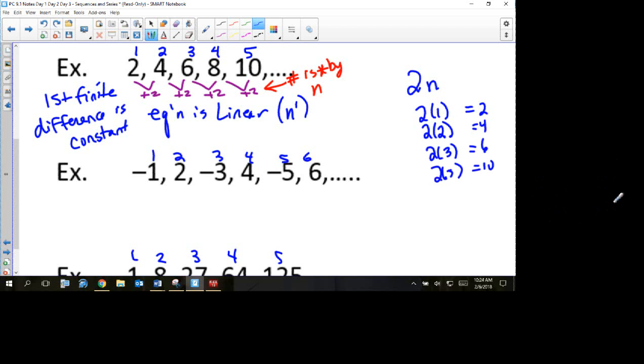I'm checking them. That works every time, right? So then I know my equation is going to be, we write a sub n equals 2n. That's how you're going to write the form of the equation. You write a sub n equals, and then the formula 2n.